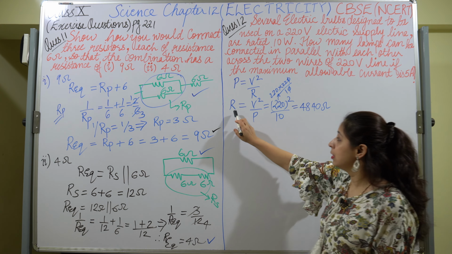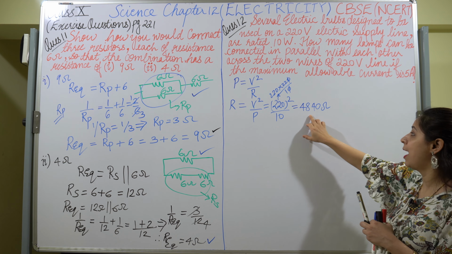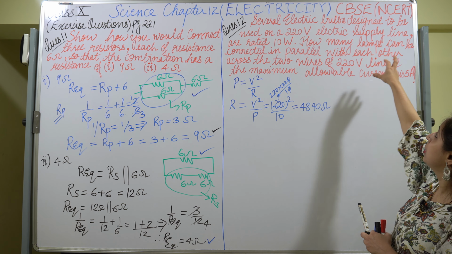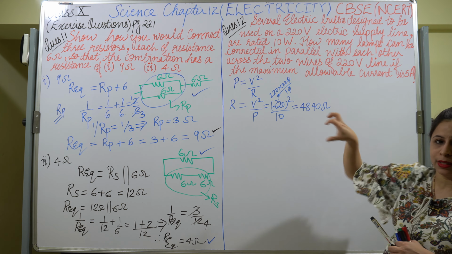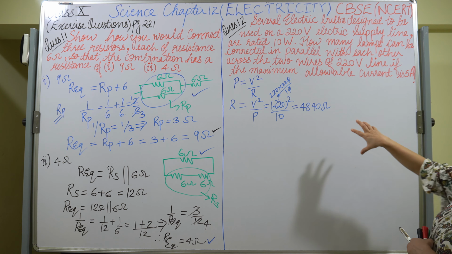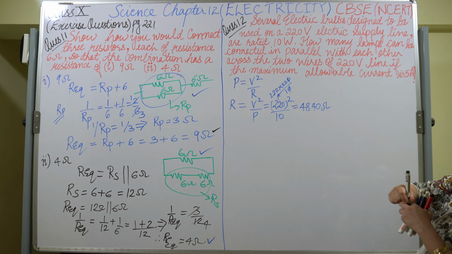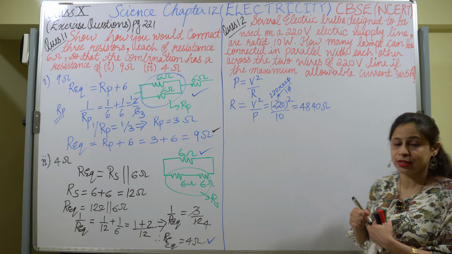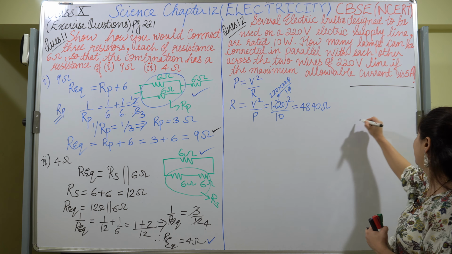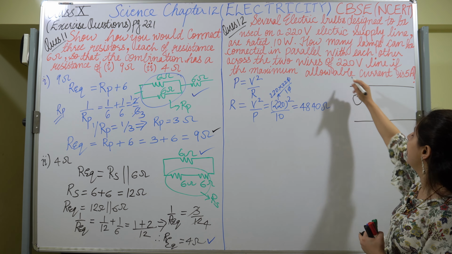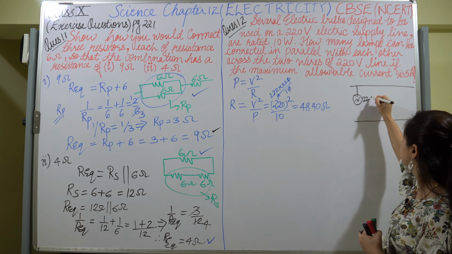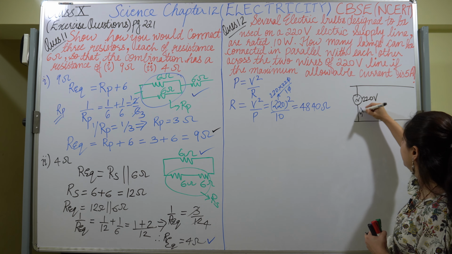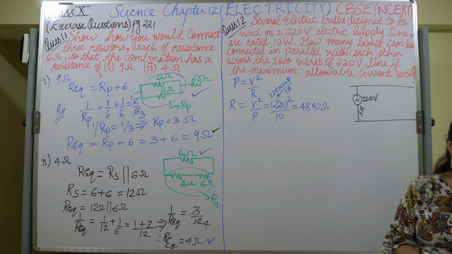Now the resistor having the value 4840 ohms is designed and is to be connected in parallel with others. We need to find out how many such resistances should be connected. This is a supply line of 220 volts, having a current of 5 amperes.